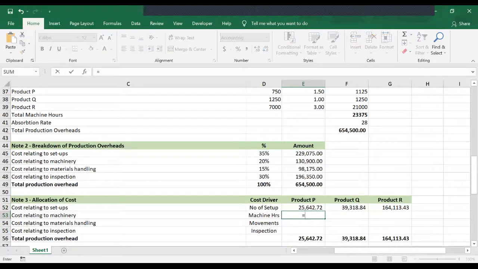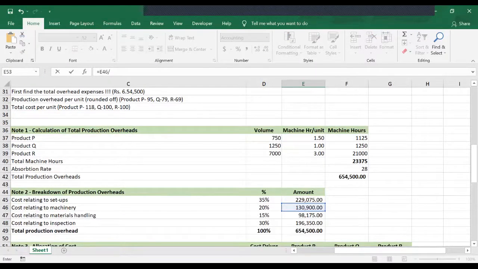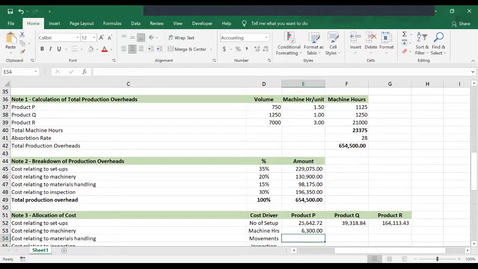Again, using the formula, total cost related to machinery divided by the total number of machine hours, and then multiply it with 1125, and so on.